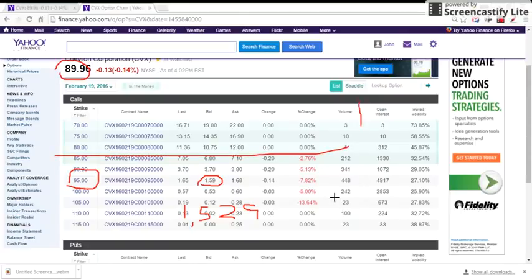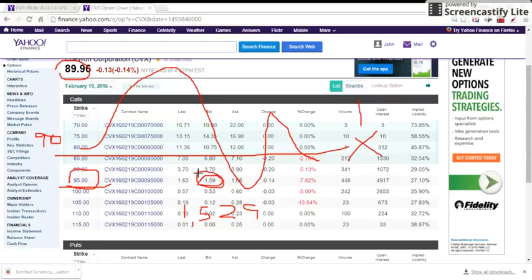One month waiting game. Here's the expiration. It's now at 90. Goes up, goes down, goes up, goes down. If Chevron never gets above 95, actually 96, because you've got to factor in their premium, they won't exercise. They won't buy your shares. They can get them cheaper on the market.